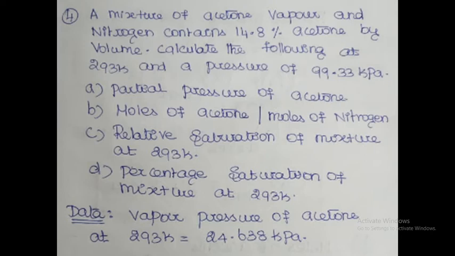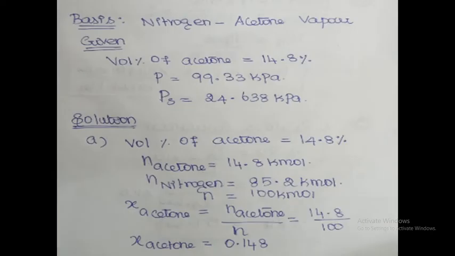Students, keep in mind, at DBT the pressure values are vapor pressure. So capital PS is equal to 24.638 kilopascal. Basis of this problem: nitrogen and acetone vapor. This is the system. Given data: volume percentage of acetone is 14.8, that is equal to mole percentage. Are you clear or not?